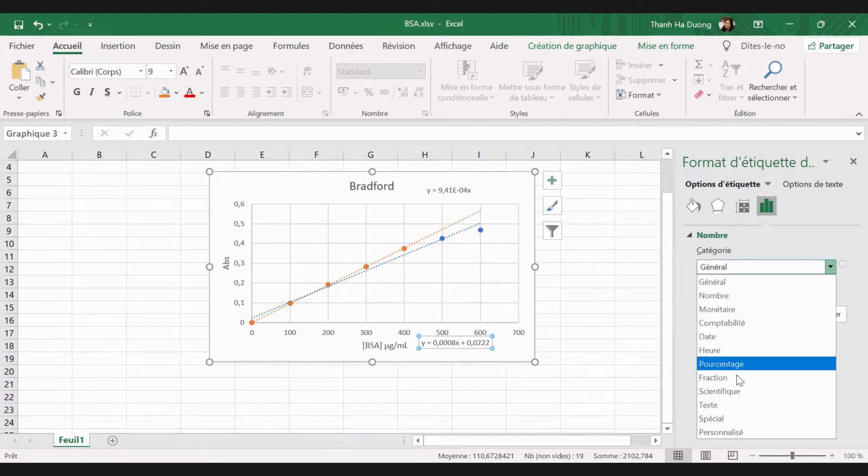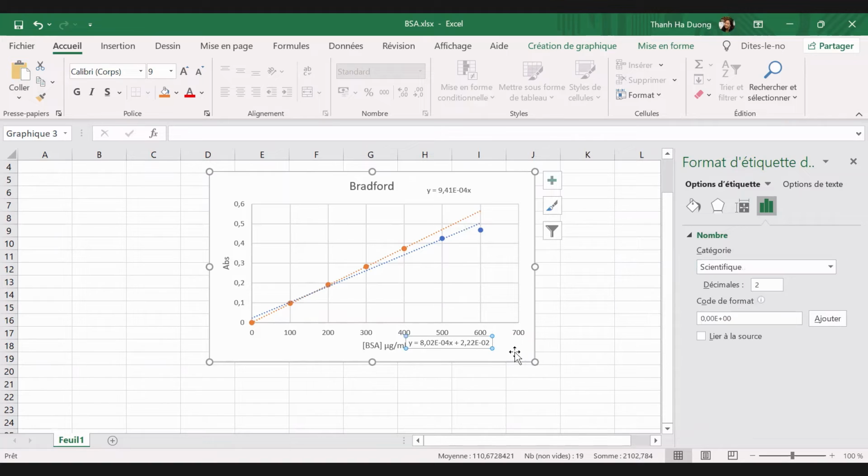It's just to show you that indeed the Beer-Lambert law is not correct for all concentrations, so you have to choose the points which give you the best line.